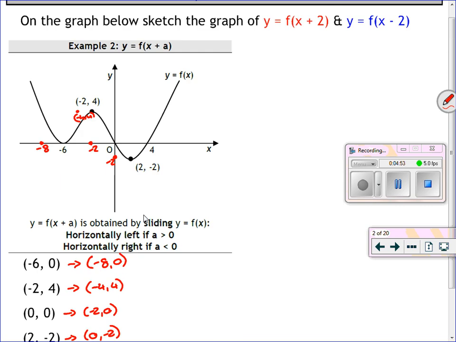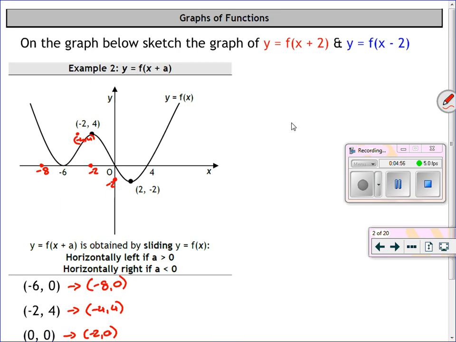And the last one is 2, 0, which is approximately here. Remember, we must always identify the transformed coordinates. So that is now going to look something like this. Comes down, goes up, goes down, has a turning point, then goes back up. So that there is a graph of y is equal to f of x plus 2.